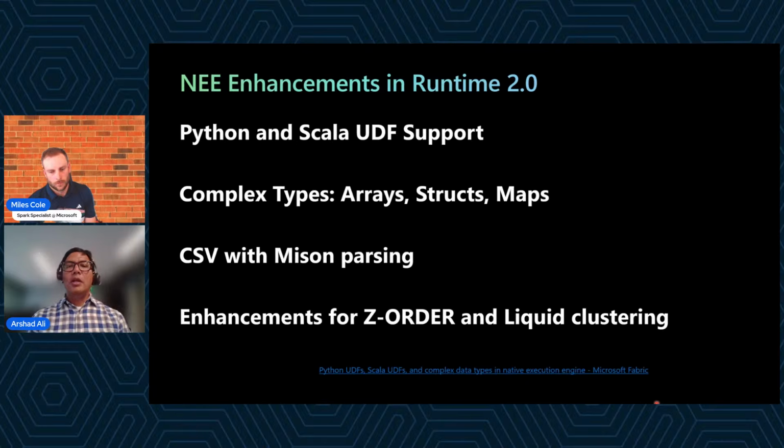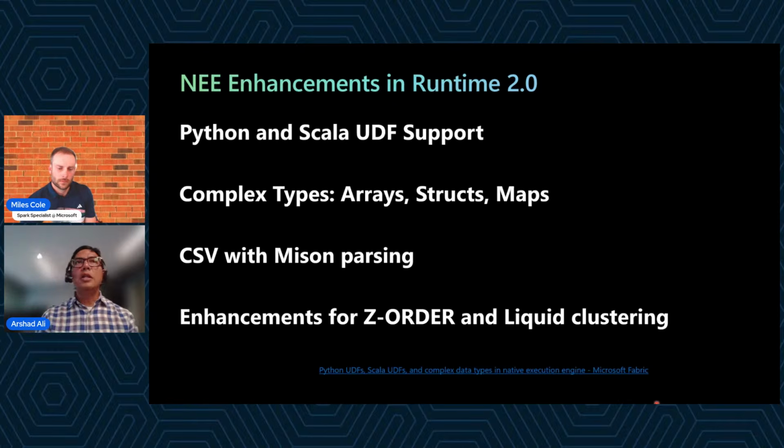What we have done in Runtime 2.0 is bring native support for running Python UDFs directly within the native execution engine, so that there is no serialization needed. There is no need for the engine to send that data out to a Python worker.